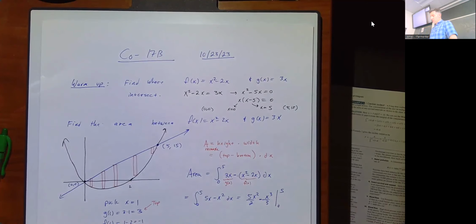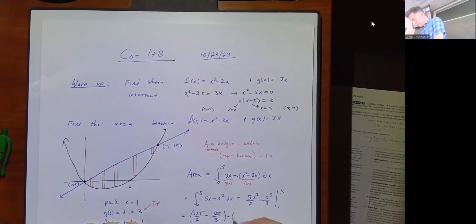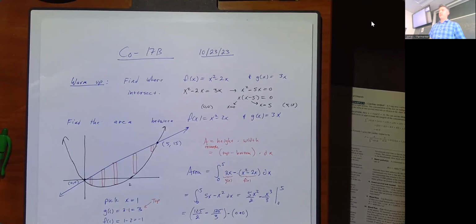And we try not to worry too much about the math here. You get 5 times 25, which is 125 over 2, minus 5 times 5 times 5, which is also 125 over 3, minus 0. I really don't want to add or subtract 125 halves minus 125 thirds. But I'm not so bad at subtracting 1/2 minus 1/3.